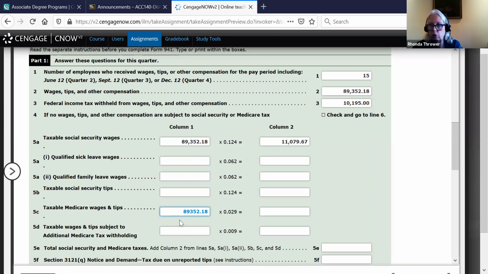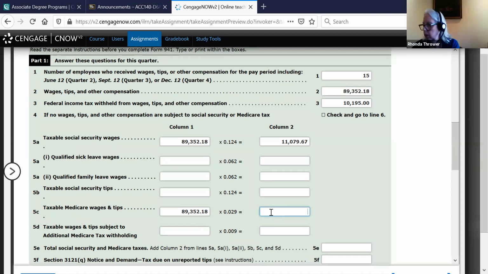These wages are also subject to HI, that's the Medicare portion. Notice the Medicare rate is twice the rate. Remember, the employee and the employer have to pay FICA taxes. So 0.0145 times 2 is 0.029, or 2.9%, is the HI tax rate. So multiply these two to get this.